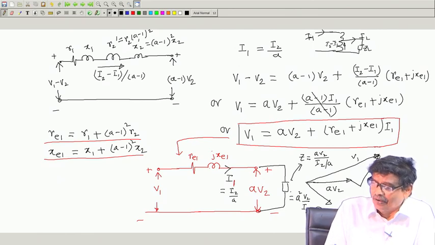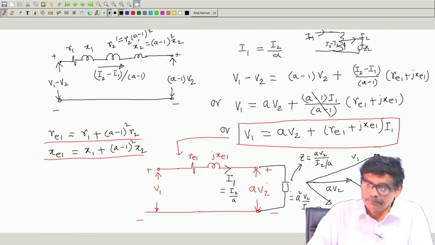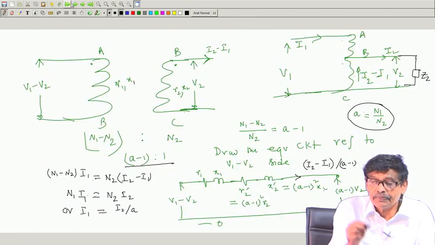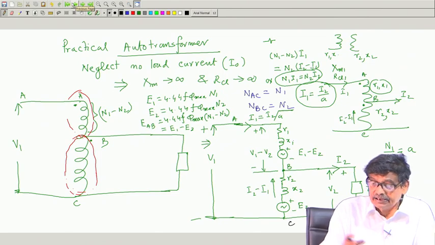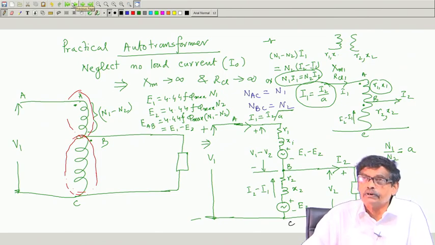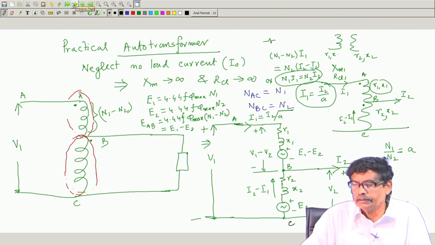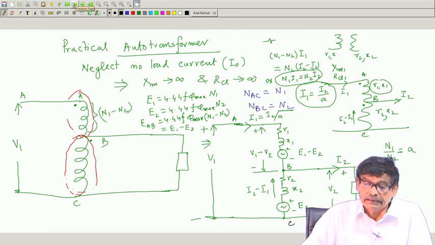So, that is all, I mean equivalent circuit we have completed, but only thing is I will just now tell you. Now, suppose I say that okay, in this equivalent circuit you have not talked about the no load current.